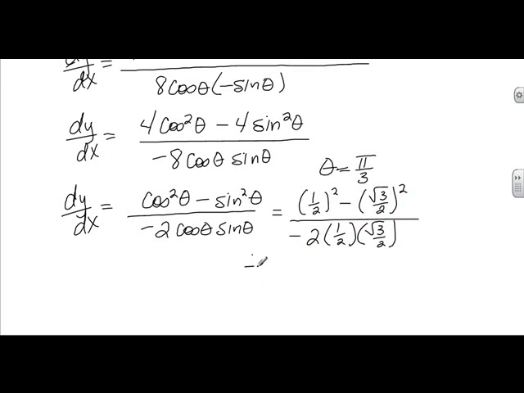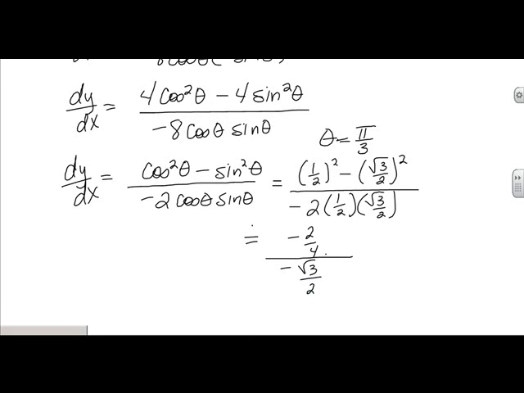So looking at 1/4 minus 3/4 divided by negative square root of 3 over 2, the numerator would be negative 2 over 4, or negative 1/2.